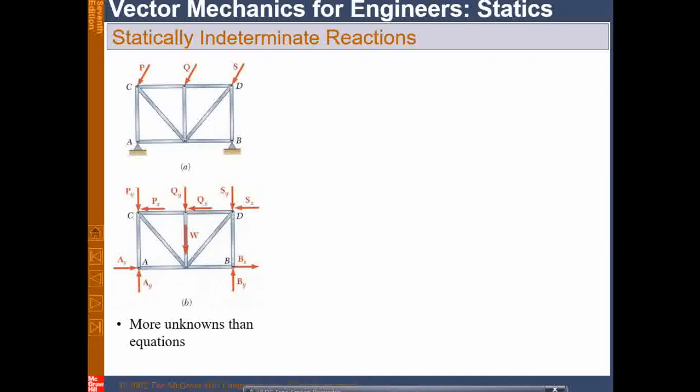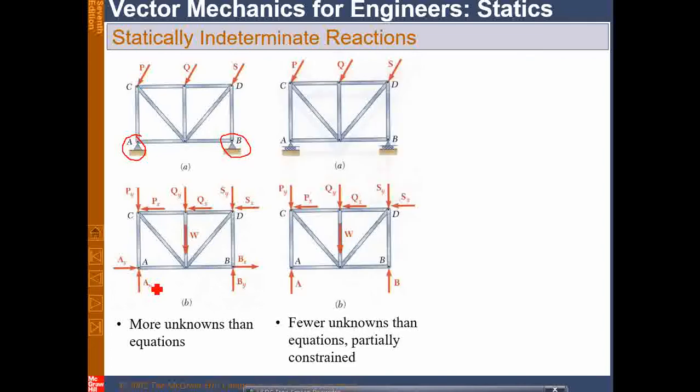So these are some of the structures. As you can see, these are indeterminate reactions. That means both are completely fixed at these two locations. The statically indeterminate reactions are offered here. So here there actually occur more unknowns than the number of equations.